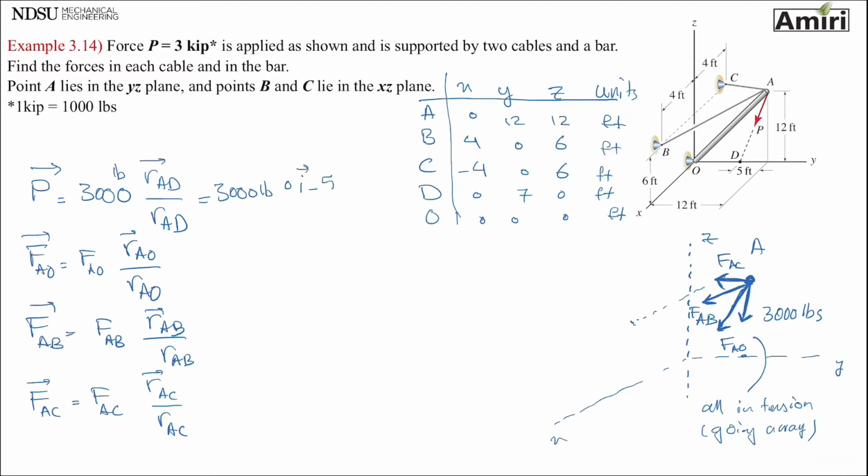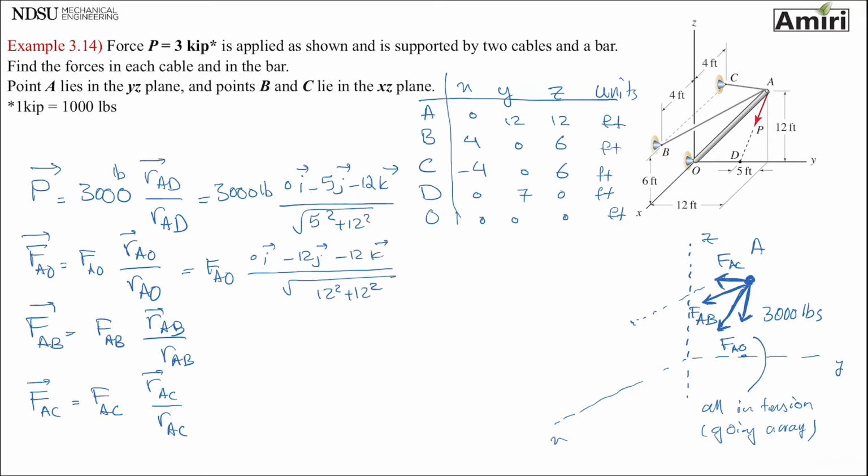0i minus 5j minus 12k, 5, 12. Okay, this one is going to be FAO: 0i, 12j, 12k, 12, 12, which is going to be 12. Last one, oh, it's not the last one. AB is 4i, 12j, 6k.